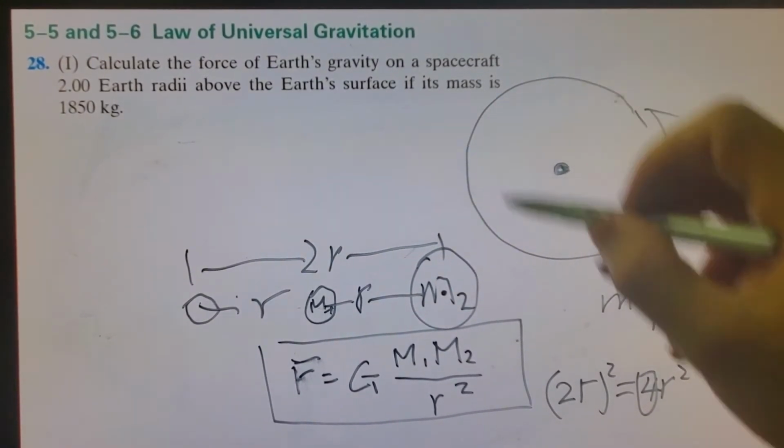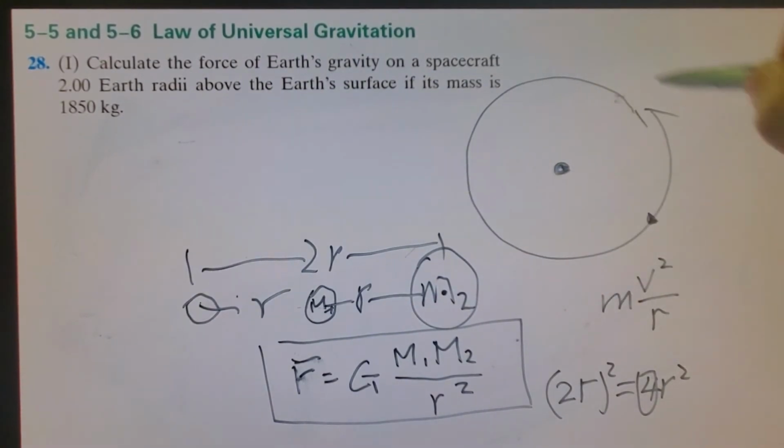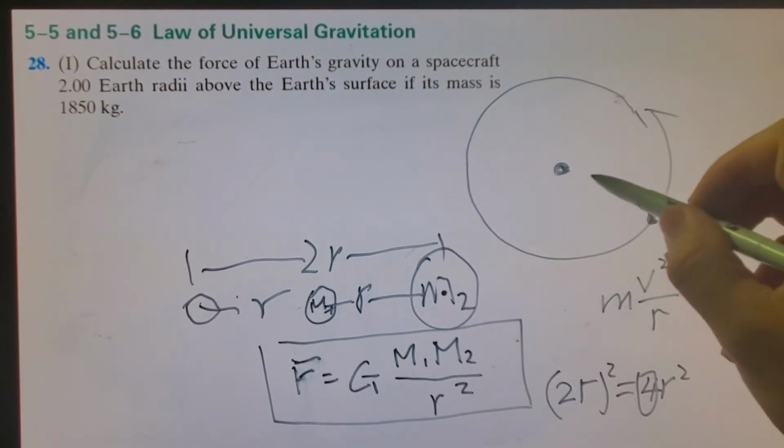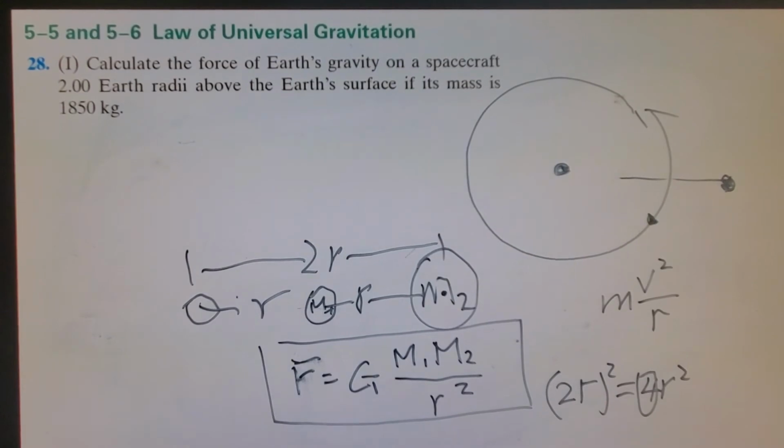If you want the satellite to go faster, you have to move it a little bit outside over here. Because if it's in vacuum, the satellite can just run without using any energy. It can run forever. However, there is a small amount of friction.